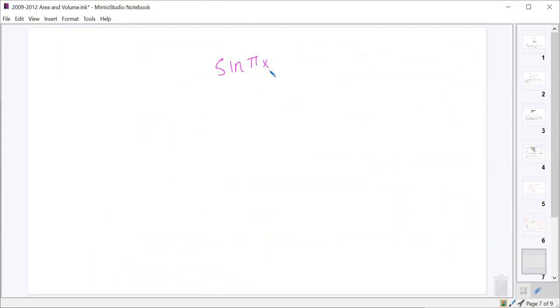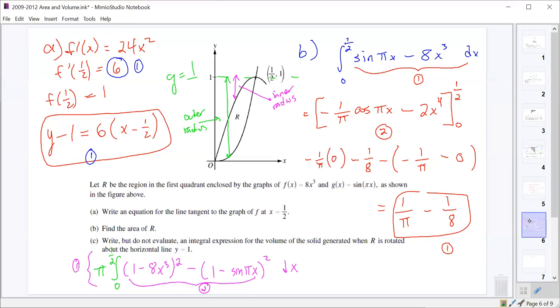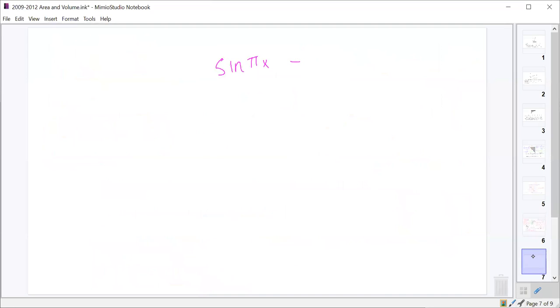Well, it is, but it's not a constant. So you have, what was the other thing we had attached to it? Sine pi x, minus 8x cubed. So the problem is, if you do the u substitution with u equal to pi x, which is what you did, well, this other term doesn't have a pi x to substitute out.